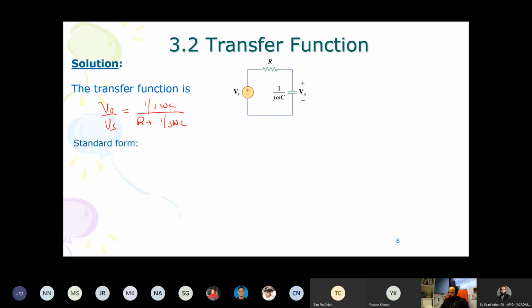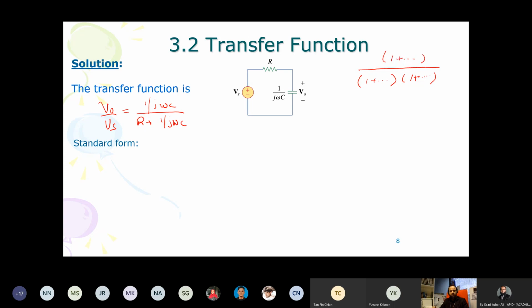All right. So this is the transfer function, but we would like to see the transfer function with its poles and zeros. One standard form is writing them in 1 plus something.